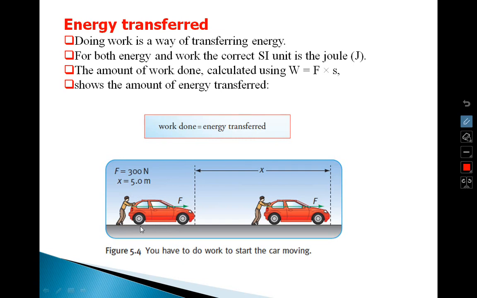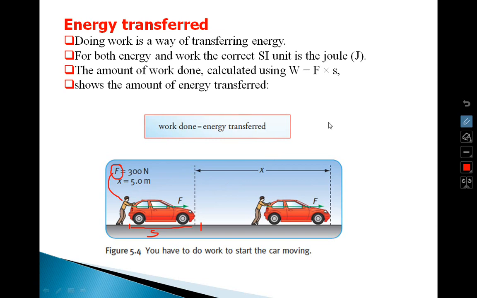Distance. So this car should move from, for example, this point up to this point. Here is distance S. The force to push the car is equal to 300 Newton, and the distance S is 5 meter.